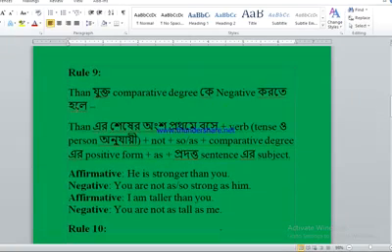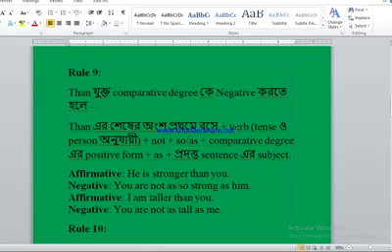Next, rule 9: "than". If you see "than" in a comparative degree and you will change it into a negative sentence, you will do it this way.